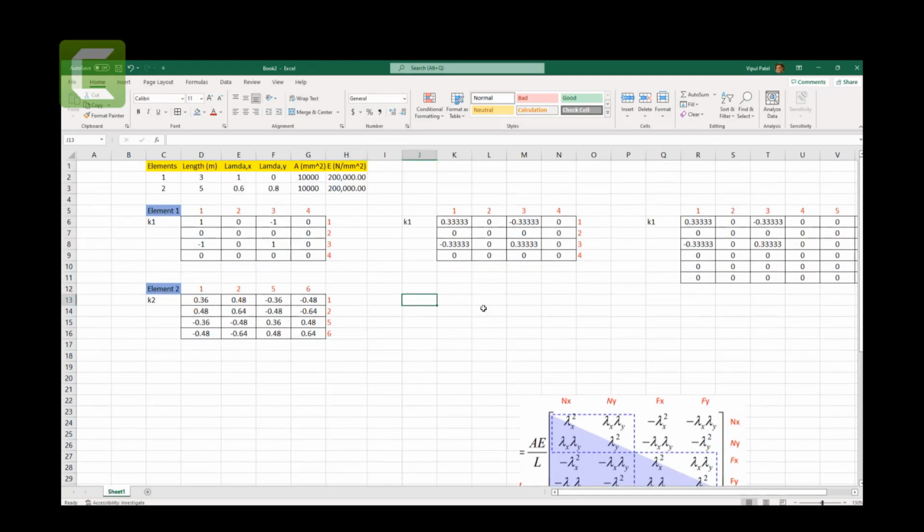Similar story, we can have a K2 and length divide. So we can copy these ones and we copy these ones.